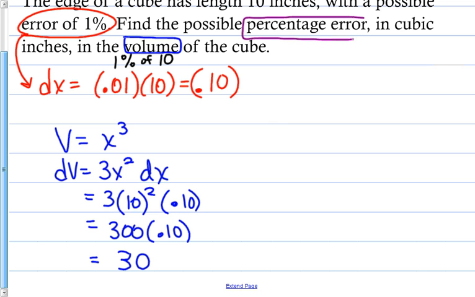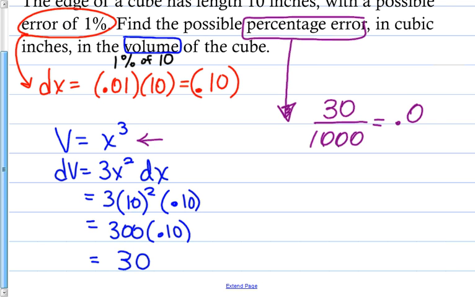Since it's the percentage error of the volume, I take the change in the volume and divide that by what the volume would have actually been. Remember, this is how I would have computed the original volume: 10 cubed, so 10 times 10 times 10 is 1,000. So 30 divided by 1,000, I get 0.03.